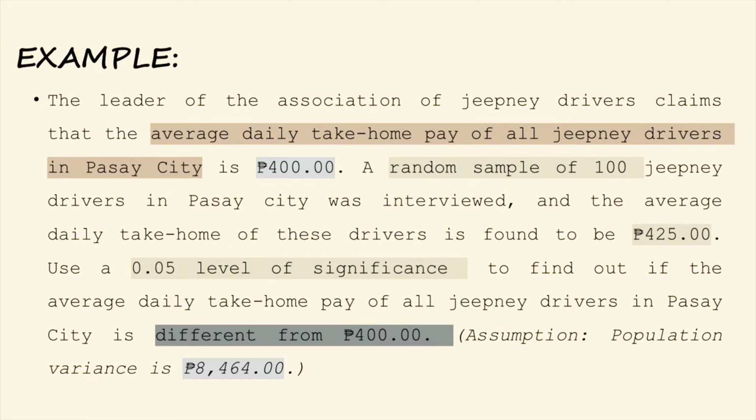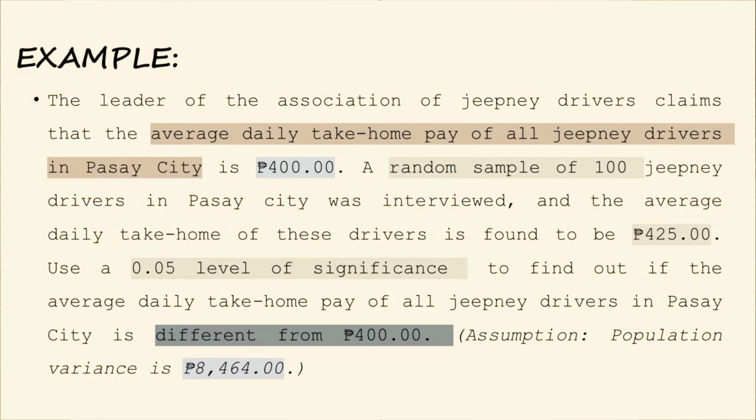Okay, so for example, the leader of the Association of Jeepney Drivers claims that the average daily take-home pay of all the jeepney drivers in Pasay is 400 pesos. A random sample of 100 jeepney drivers in Pasay City was interviewed. And the average daily take-home of these drivers is found to be 425 pesos.